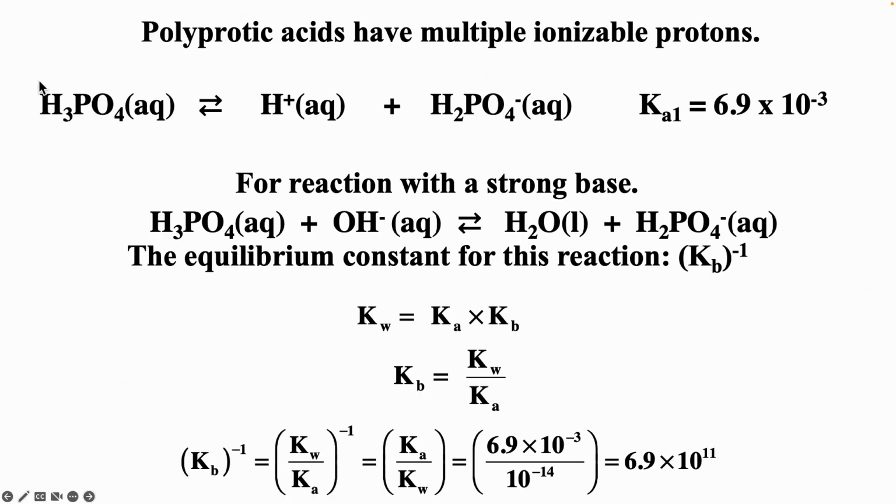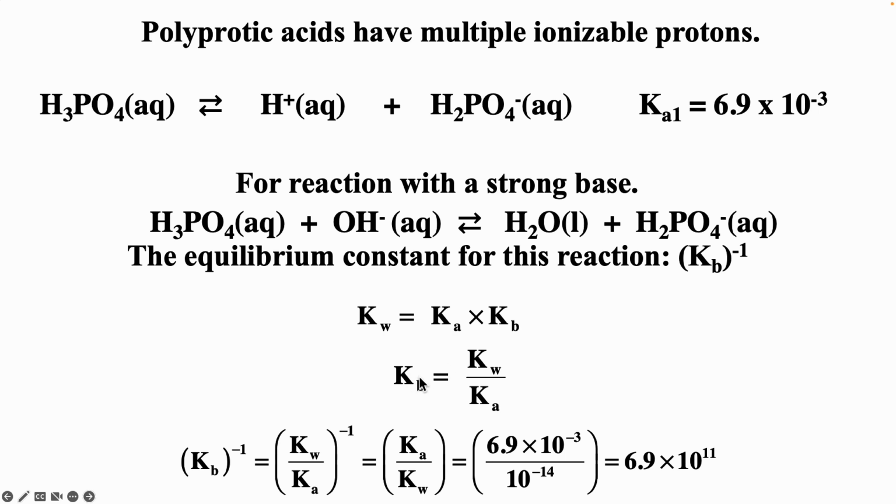And so here we have phosphoric acid going to hydronium plus dihydrogen phosphate. And so its Ka1 is 6.9 times 10 to the minus 3. Now if we imagine it's reacting with hydroxide ion, so we have phosphoric acid plus hydroxide gives us water plus dihydrogen phosphate. The equilibrium constant for this would be 1 over Kb of dihydrogen phosphate.